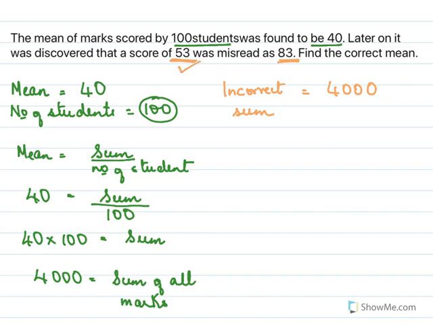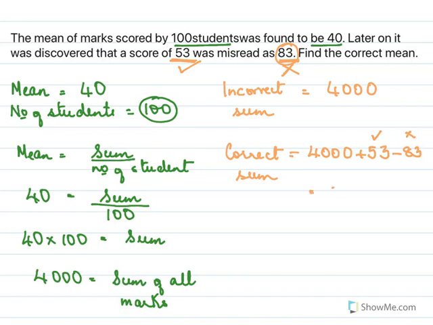So 53 was the correct reading and 83 was wrong. So to get the correct total, what we must do is, 4000 is the incorrect one. Here we have to add 53 because 53 was the right one, and we have to subtract 83 because 83 was wrong. It was misread as 83. So 83 we need to subtract.